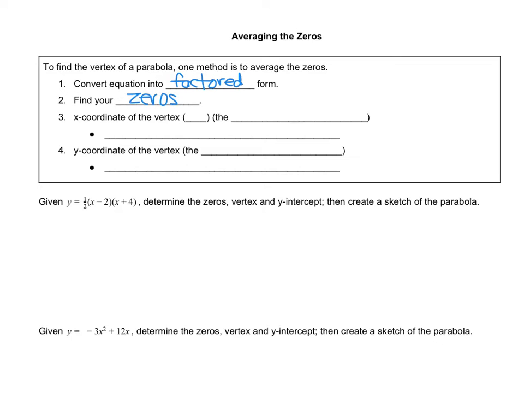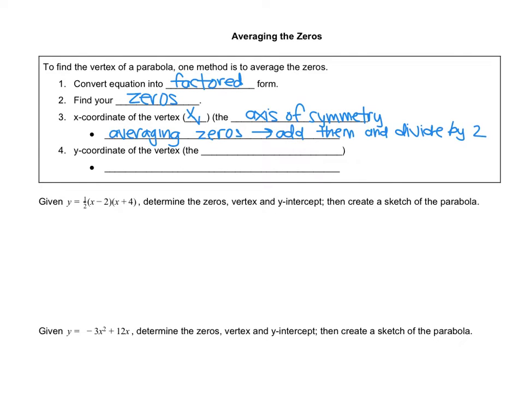Now, the x-coordinate of the vertex, the notation we're going to use is x with a subscript of v for vertex, and that is the axis of symmetry. The x-coordinate of the vertex can be found by averaging the zeros, which means add them and divide by 2.